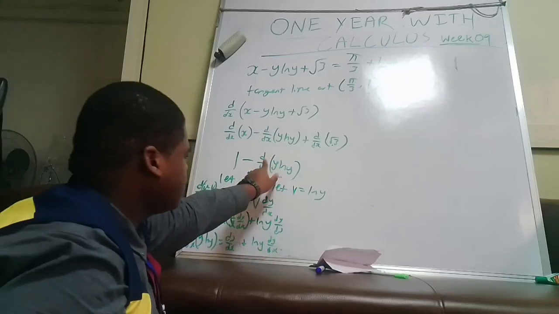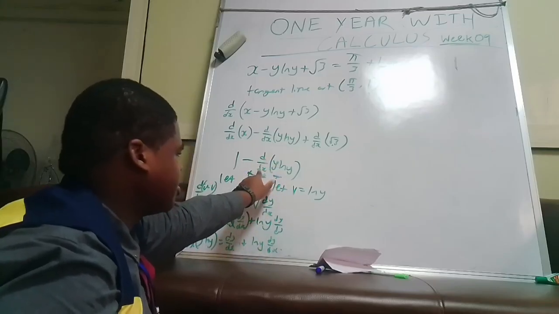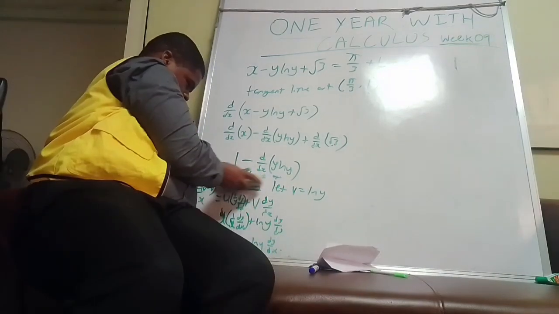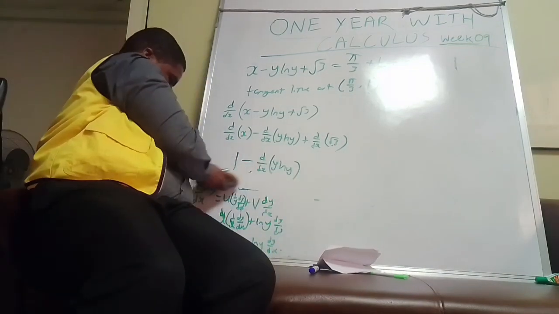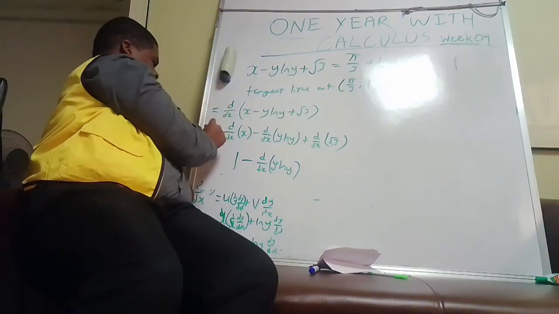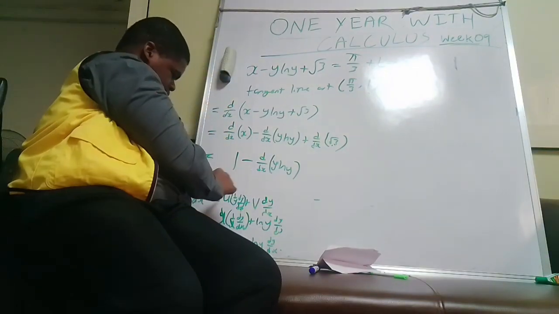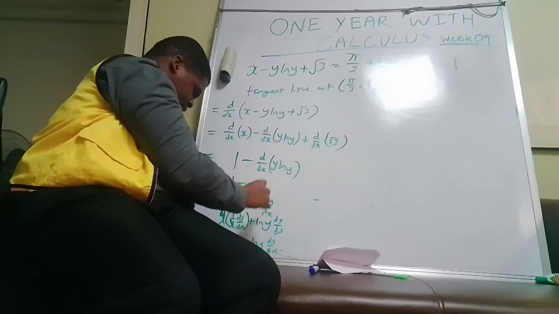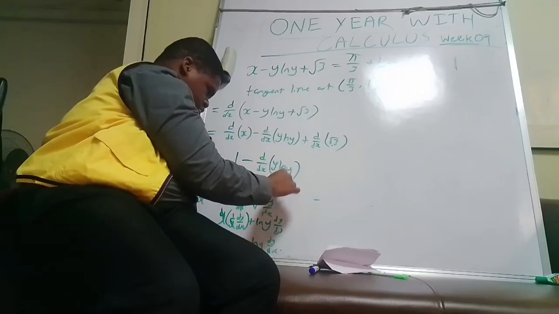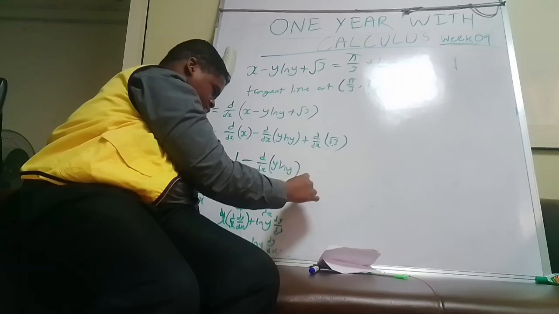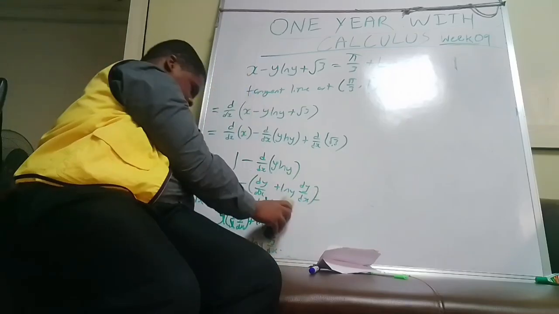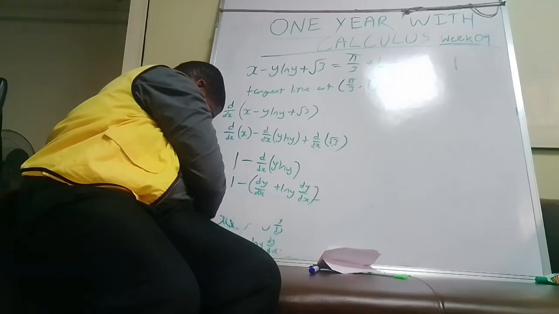So instead of the derivative of y ln y versus x that we have here, I'm going to put in this expression. So we have 1 minus dy over dx plus ln y dy over dx. All this here we can clean up.